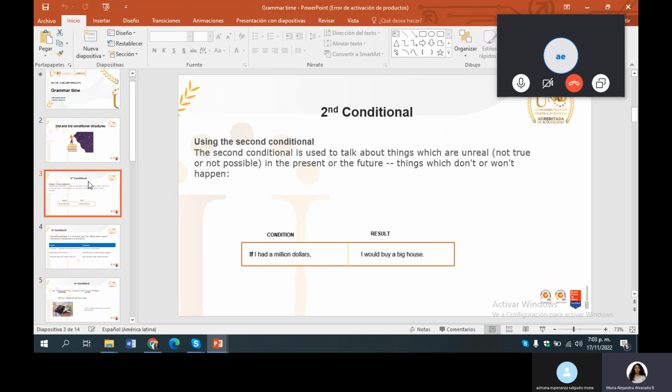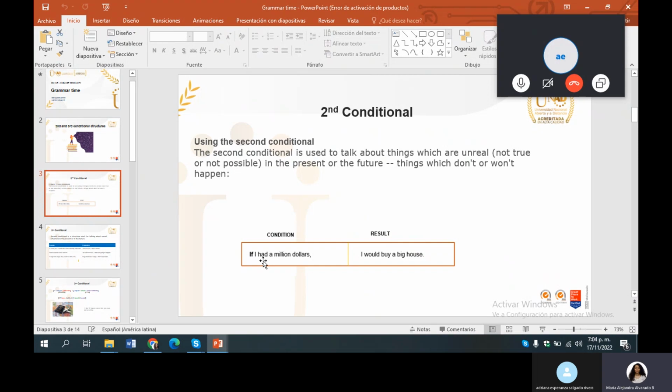I want to make sure I'm clear about this, because there are some people that get confused. When they see the word in past, or the structure that says we need to put the verb in past, they get confused and consider that it is a conditional in past, and it's not that way.